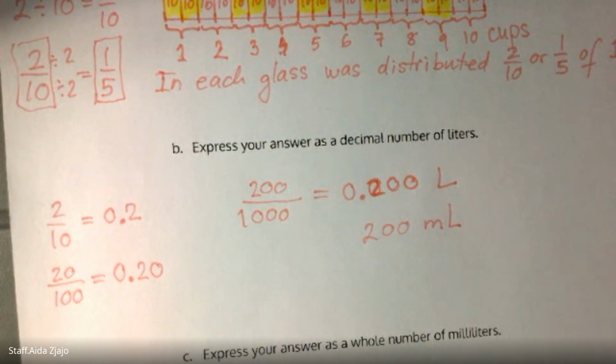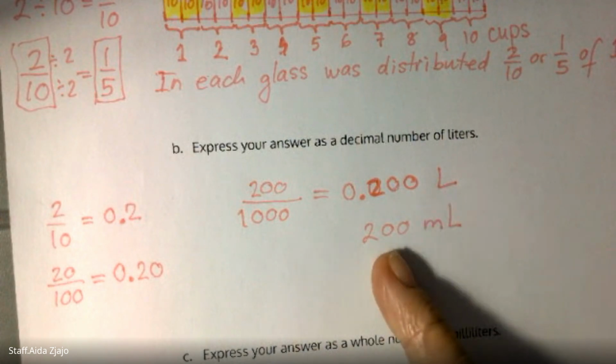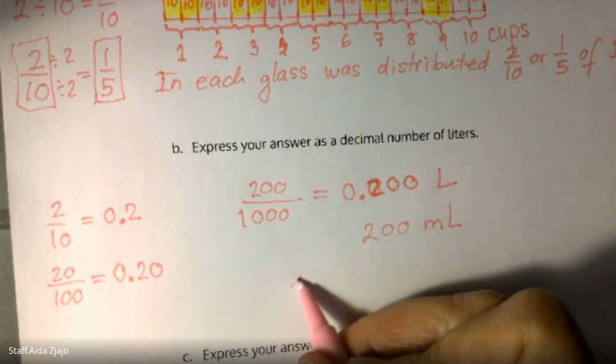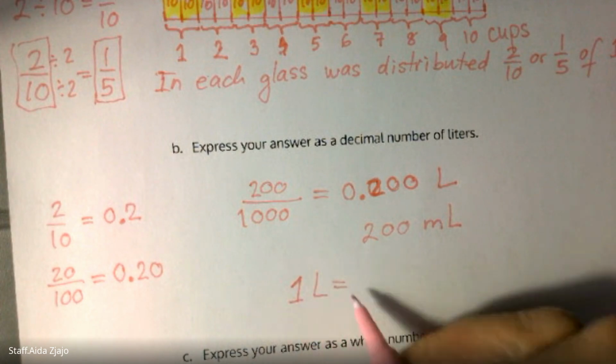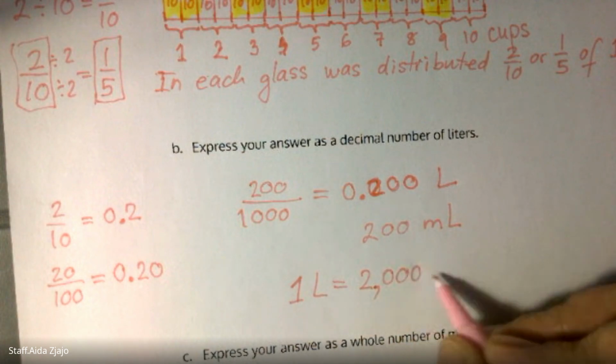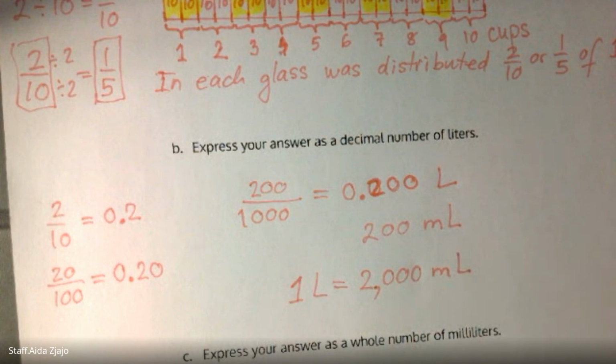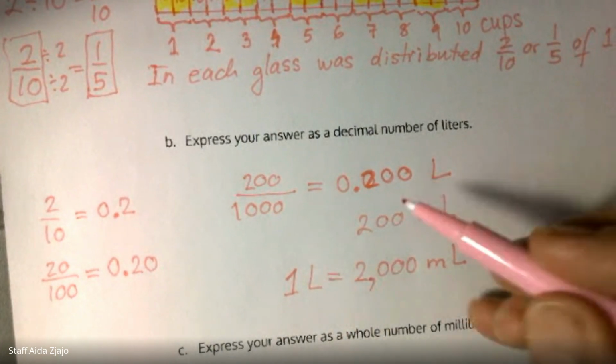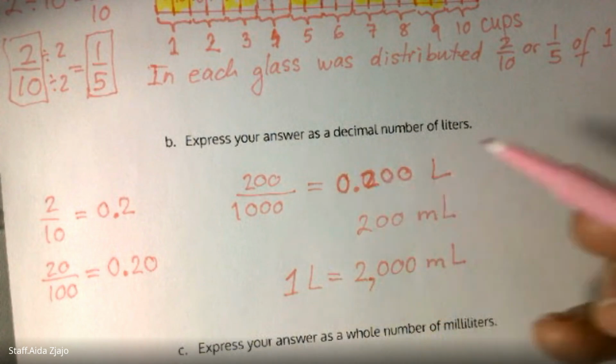0.200 of the liter is 200 milliliters, because to have 1 liter, you need to have 1,000 milliliters. So if you don't have a whole liter, you have a 0.